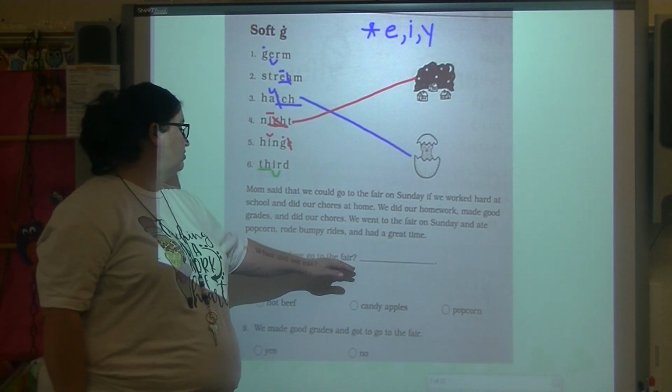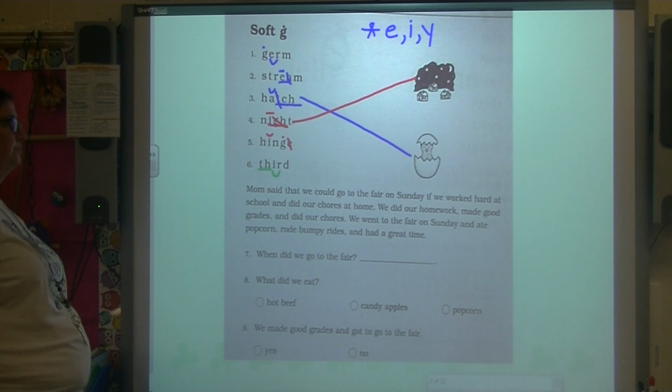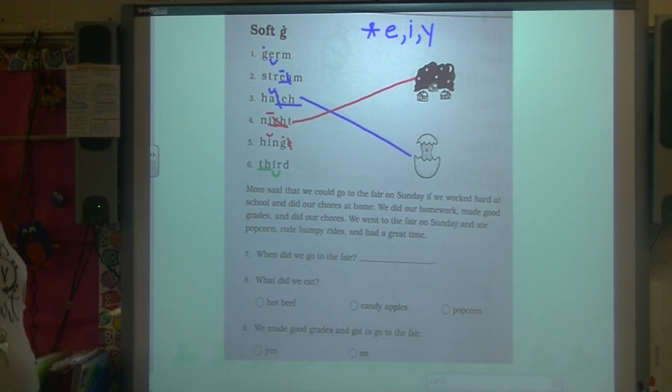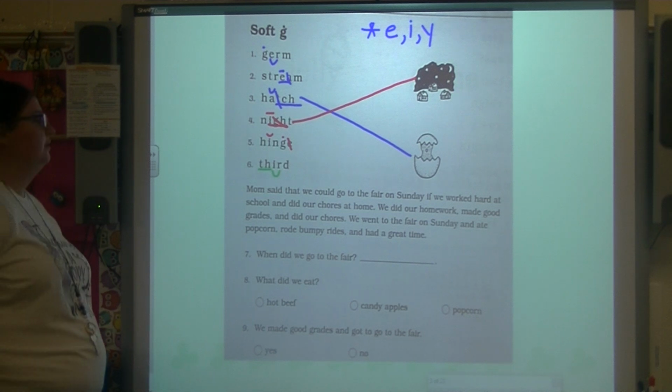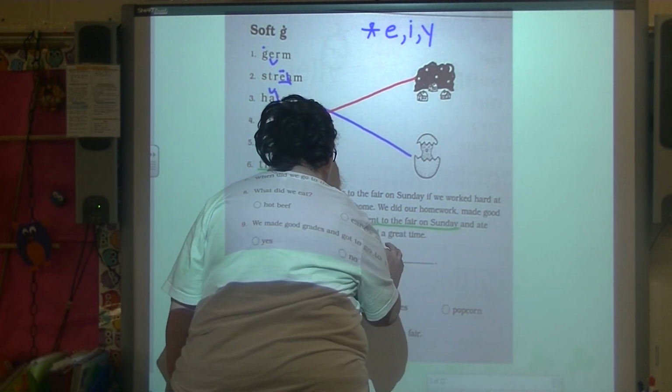When did we go to the fair? All right, underline where you found your answer and write it. We went to the fair on Sunday.